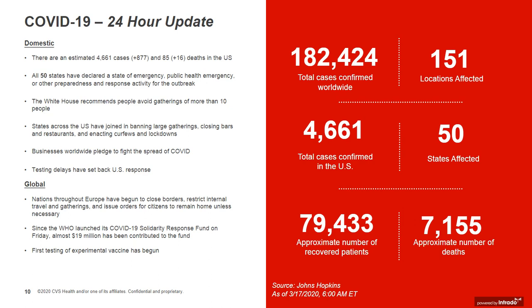This has our most recent 24-hour update that we are working on at CVS Health, and this is as of March 17th. What I can tell you is that the virus is spreading very quickly right now in Europe and in parts of the United States. In Washington, especially in New York, somewhat in Northern California, we're seeing rapid spread of the virus.